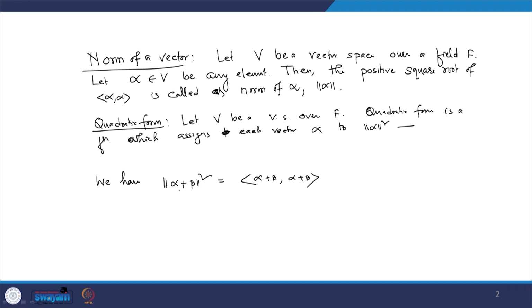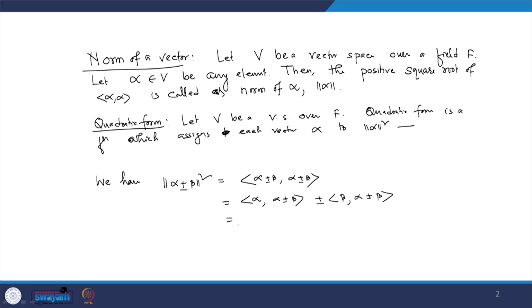In fact, if I consider norm of alpha plus minus beta whole square, then I also have to consider minus here also. So, according to definition of the inner product, this will be equal to inner product of alpha plus minus beta, alpha plus minus beta, please.